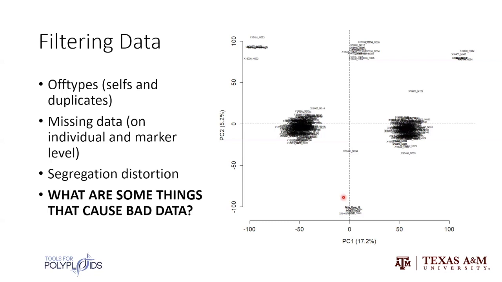Can I ask a question now, if it is okay? Yep. You mentioned filtering data on segregation distortion. But segregation distortion could be because of genuine biological reasons.